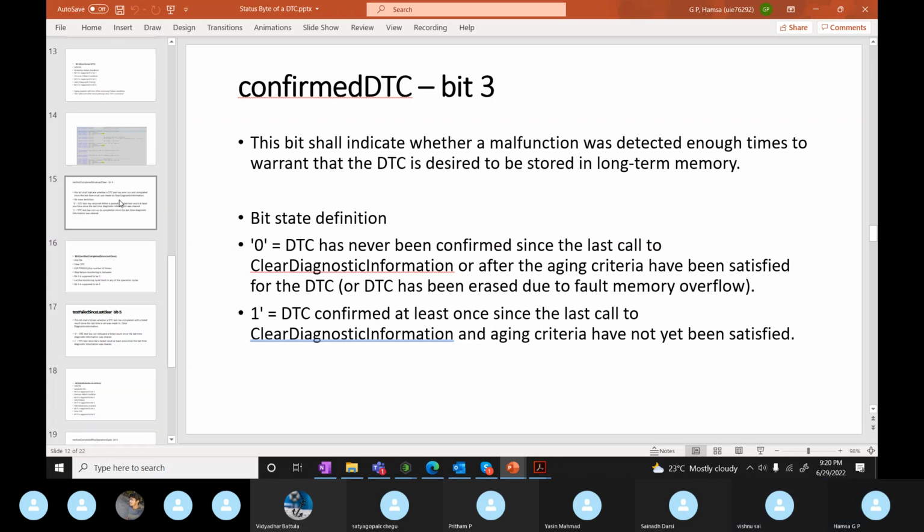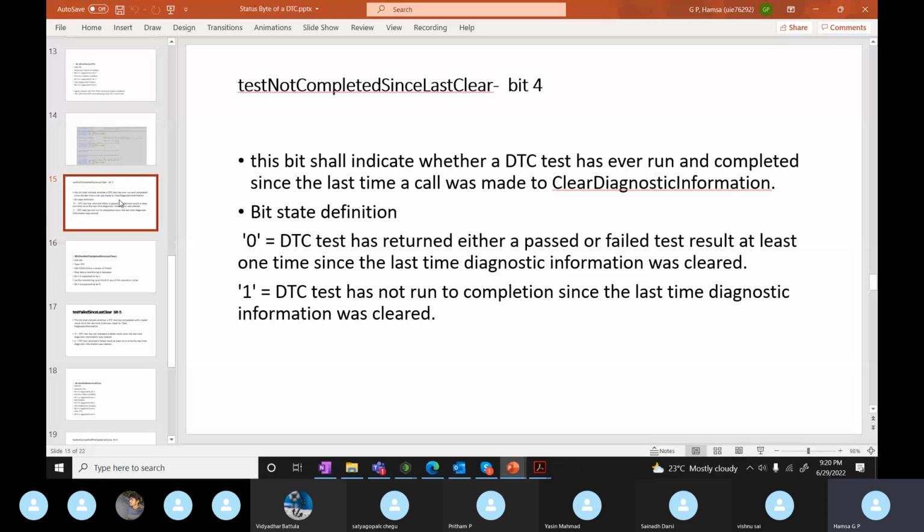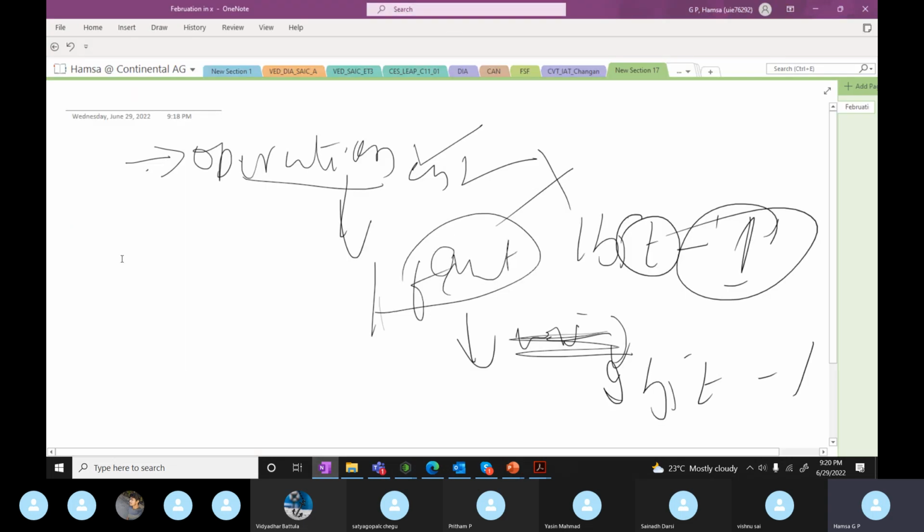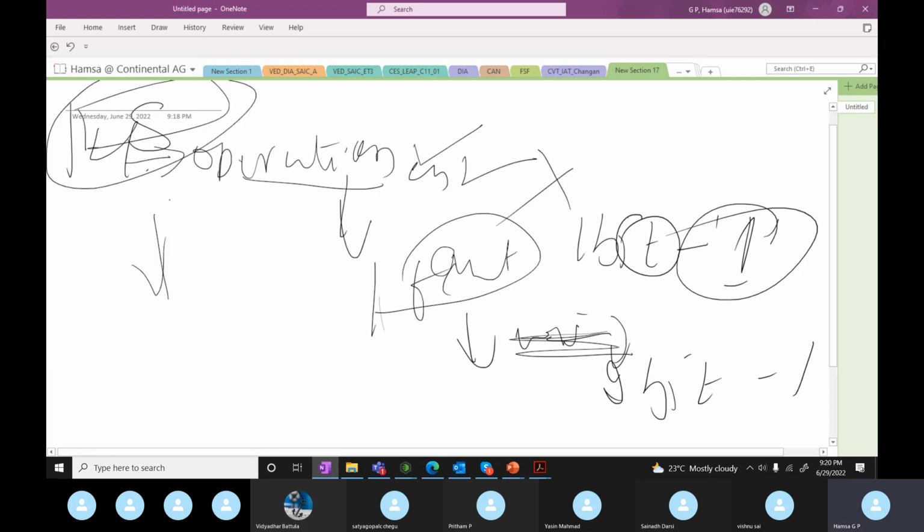Okay. So bit 4 is test not completed since last clear. To understand this, I have to explain one of the services, which is 14 service. So does anyone have any idea what 14 service is?